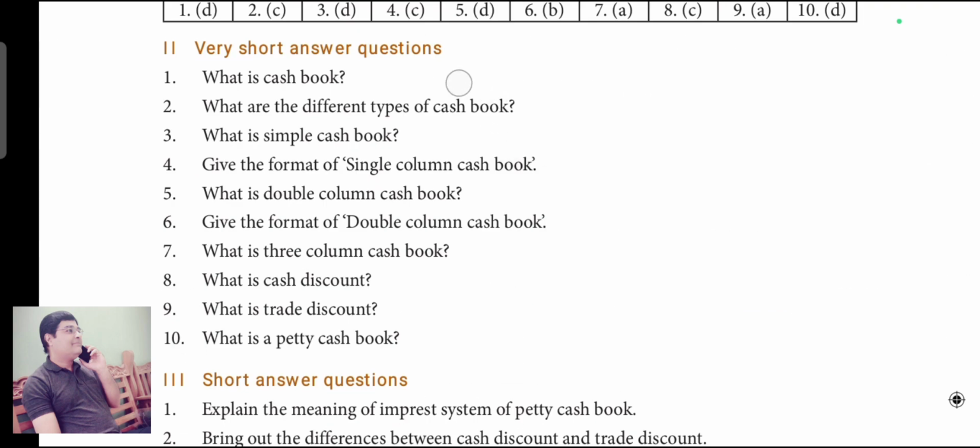Then we move on to theory. In the theory, first one, second one, fifth one, and eighth one, 10th one.